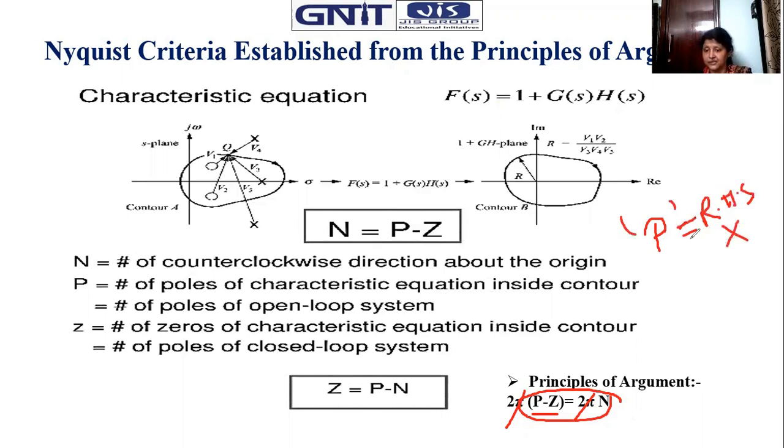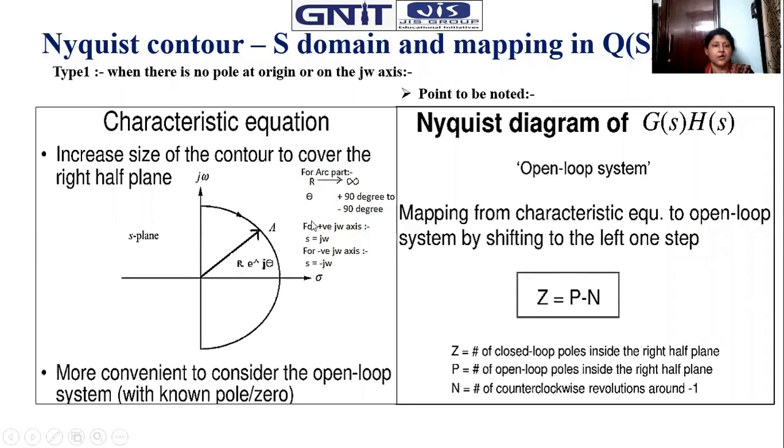So P is nothing but your open loop pole position, the number of open loop poles, and Z is the number of closed loop poles. Now the number of closed loop poles is nothing but the roots of the characteristic equation, right? That we have established as a concept. So P is the number of open loop poles.